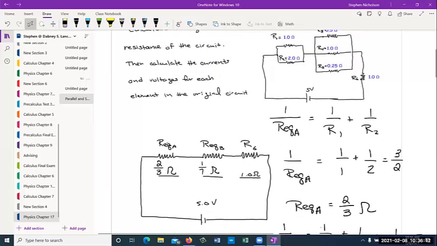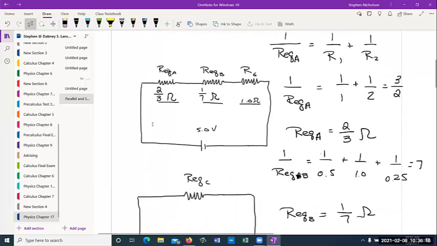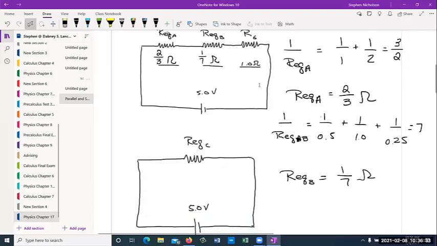Now the last one is just by itself, so we don't have to do anything there. Now what we do is we combine equivalent resistance A and equivalent resistance B with resistor 6, which didn't change. So for this one, now they're in series. So you just add those numbers together. So let's write that down here.